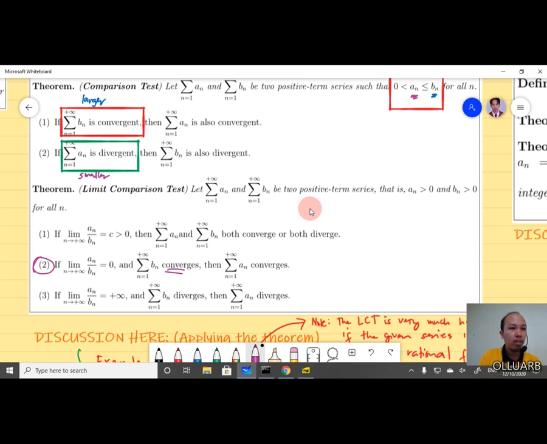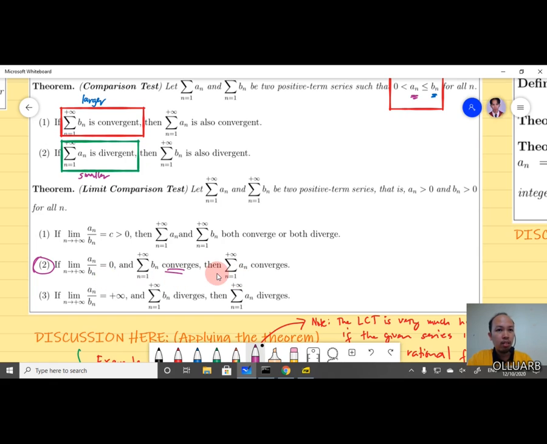That's why if you choose your p to be greater than or equal to 1/2, then you have a b sub n which is a divergent series.